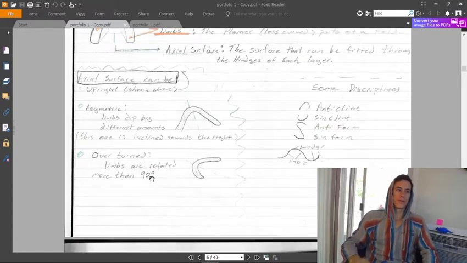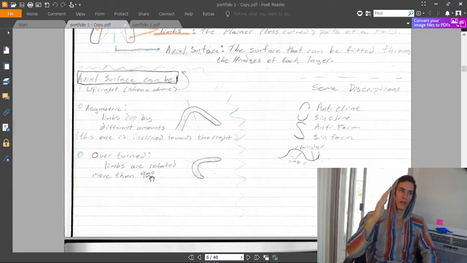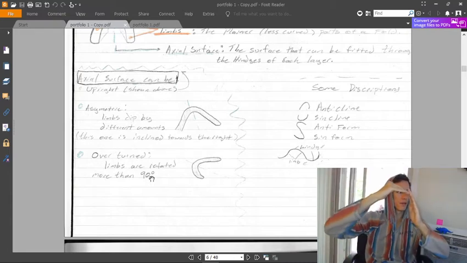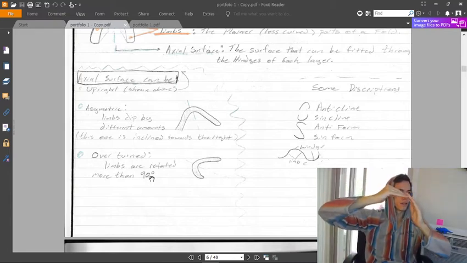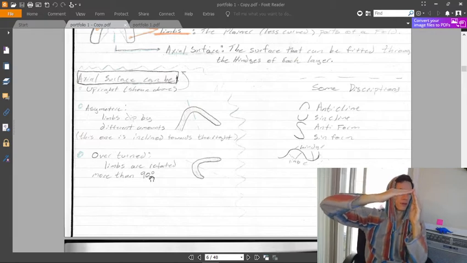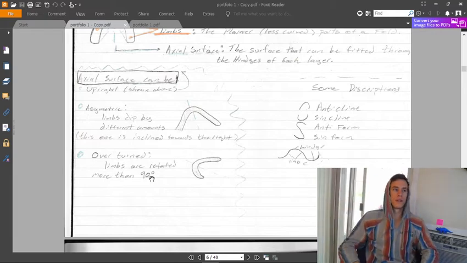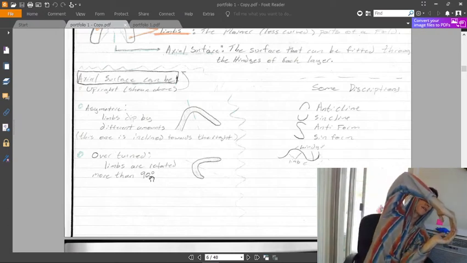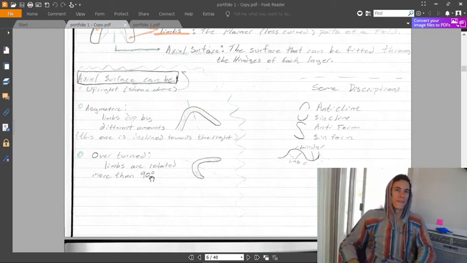Asymmetric is where the limbs dip by different amounts. One comes up like this, and the other goes out like that. This one's more straight up and down, and this one's more at an angle. An overturned fold is a fold that went past 90 degrees and is laying on its side.